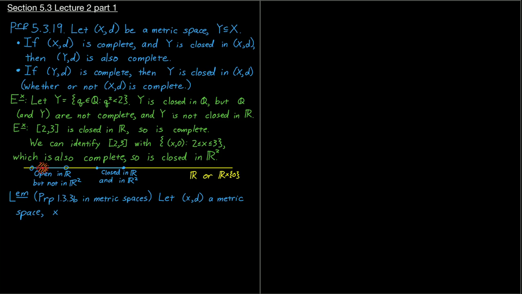And then x is a point in X, and then we've got a sequence of points in X. Proposition 1.3.3b says that xn converges to x, if they're real numbers, if and only if xn minus x converges to 0. We don't want to subtract things in a general metric space.